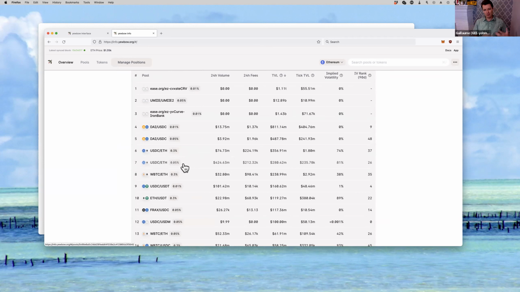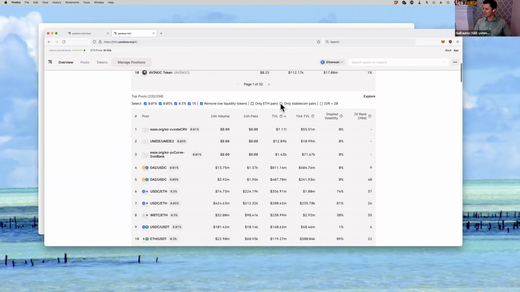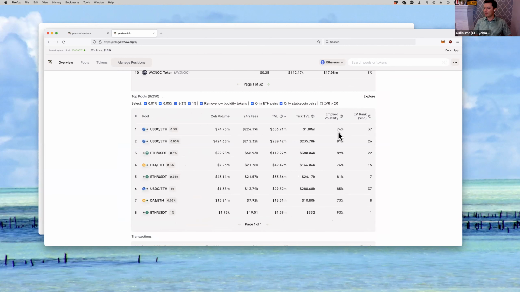So if you come in with this framework, and let me just keep these ETH stablecoin pairs, if you come with this idea that each pool has an implied volatility, the returns you get will be proportional to that implied volatility, because you kind of fit this with the Black-Scholes model. Then you can see the different IVs. Here you have ETH-USDC, ETH-USDT, DAI, all the different pools.